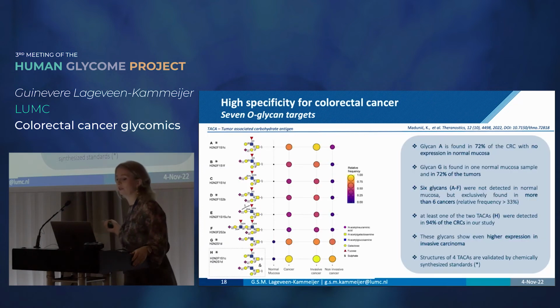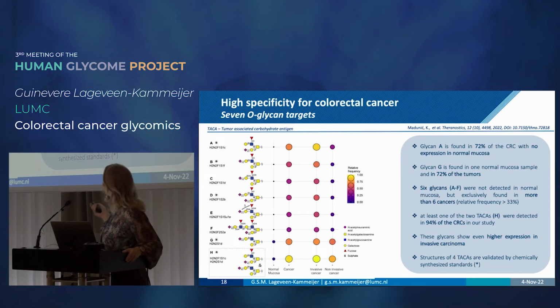And then if you look at the specificities, we had 7 glycans that were really showing a high specificity for cancer. We had glycan A with a 72% frequency and no expression in normal mucosa. Then we had glycan G that also had a 72% frequency but only appeared in one of the normal mucosa samples.